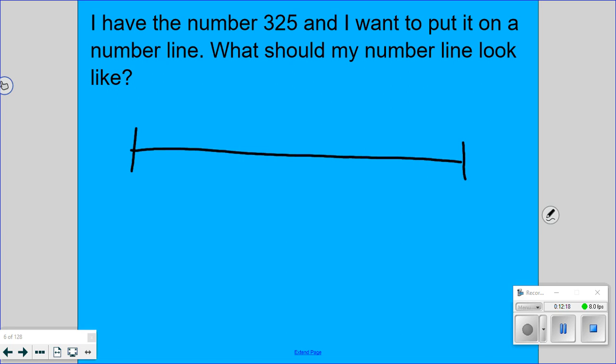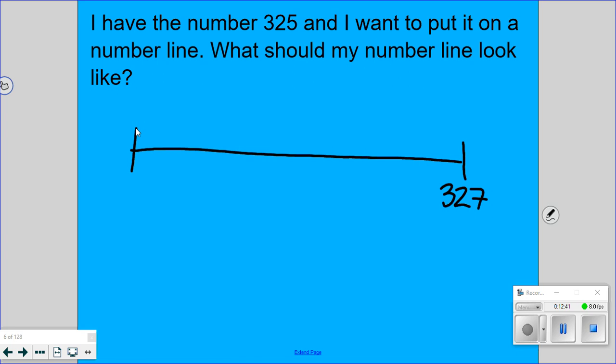This number is 327. Where is 325 going to go? Where's 325 going to go?